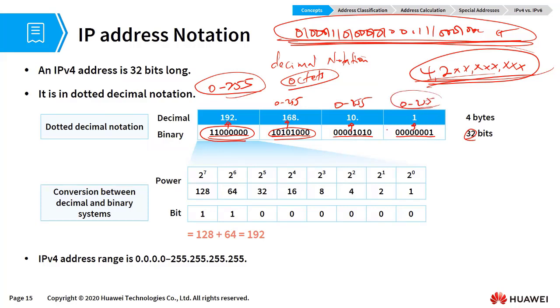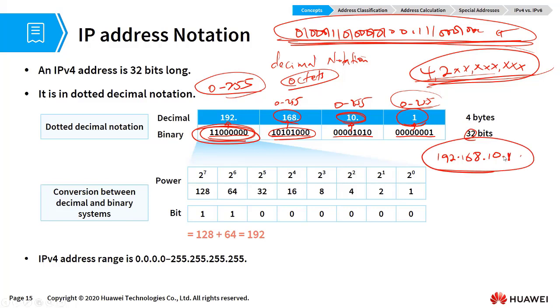When we do this, our IP address is a lot more readable now. So we can write the whole of this as just 192, put a dot, that's the first octet, write this as just 168, put another dot, that's another octet, write this as just 10, put another dot, that's another octet, write this as just 1.